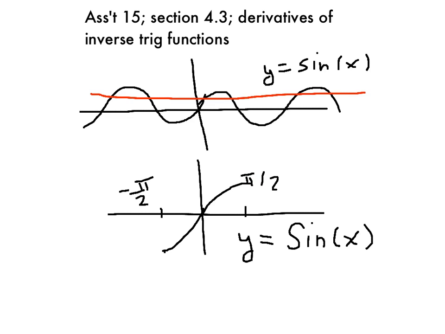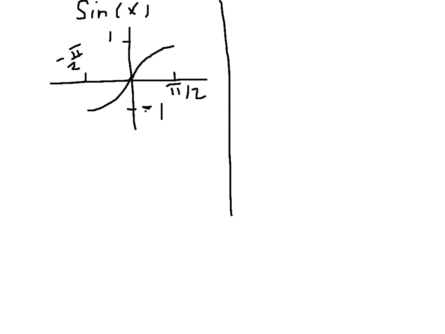So now let's look at the inverse of this function. What you see is simply the graph of principal sine of x. It's the restriction of sine to the values minus pi over 2 to pi over 2, and the range of this function goes from -1 to 1.